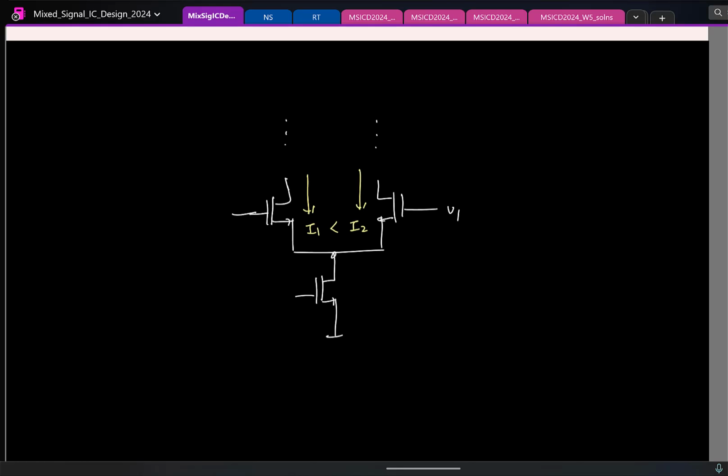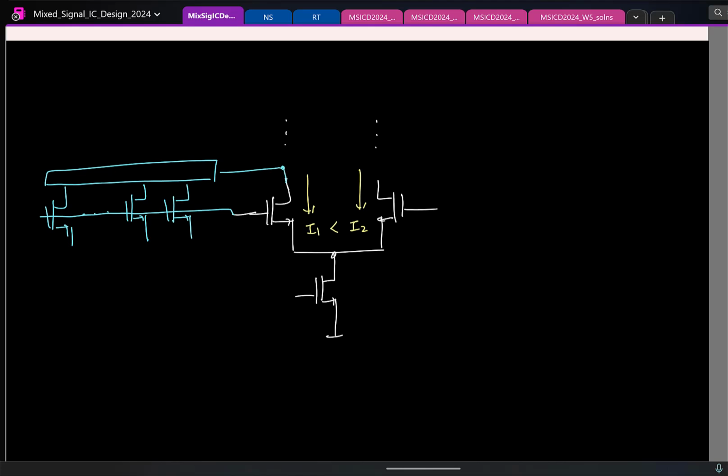Let me remove this. In addition to the main differential amplifier transistor, you can have a bunch of transistors in parallel. All gates are connected, okay, and then you select an appropriate number of them to put in parallel to the main transistor.